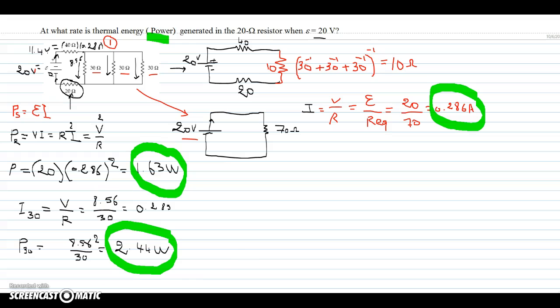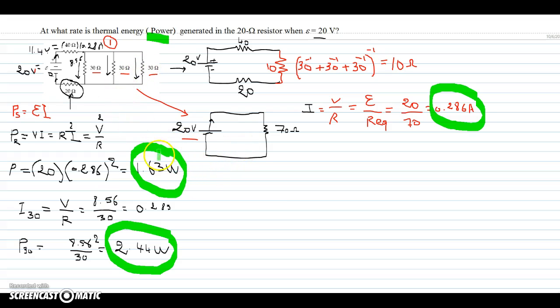In this small exercise, we were able to do a lot of things. Find the total current leaving the source, the power dissipated in the 20 ohms, the voltage across the 40, the voltage across each of the parallel resistors, which is the same, 8.56, the current in each, which is 0.285, and also the power across each of these resistors in parallel.